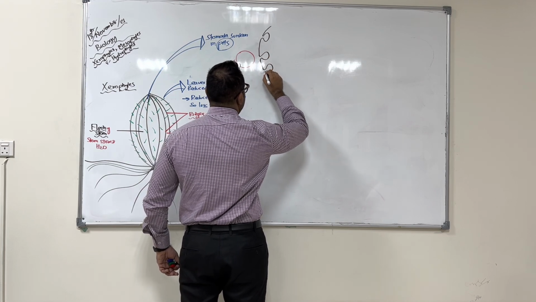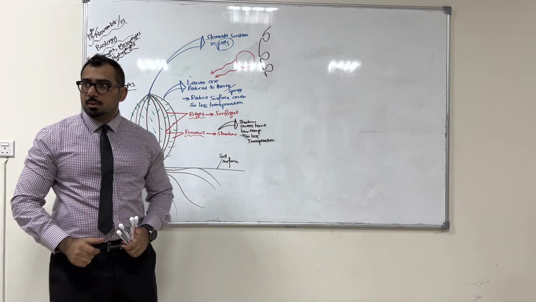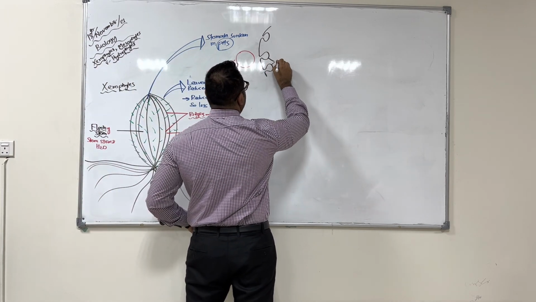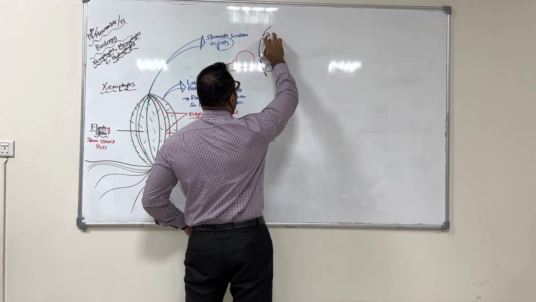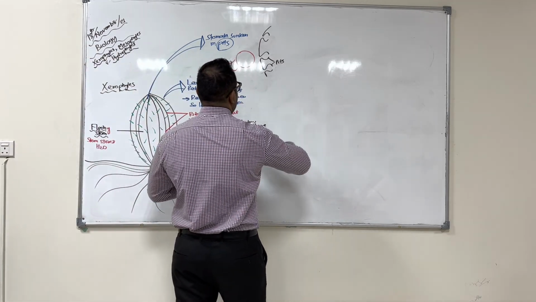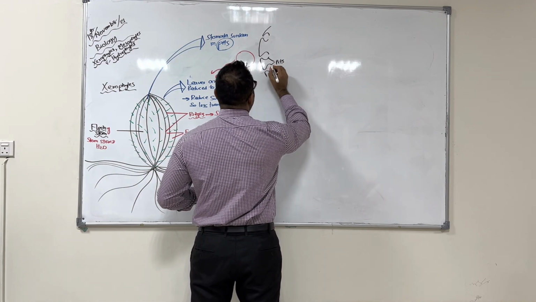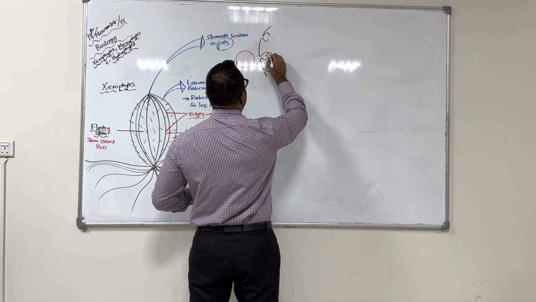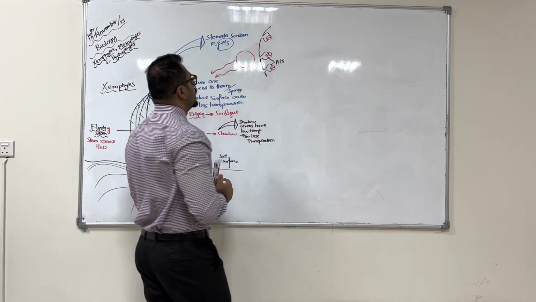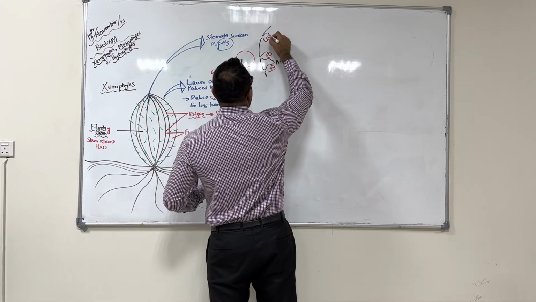Is this only on the top or anywhere? No, all around. Right? So what are these? These are pits. And in these pits, what are present? Stomata are present. So let me show the stomata over here. Right, boys? So these are stomata in pits.